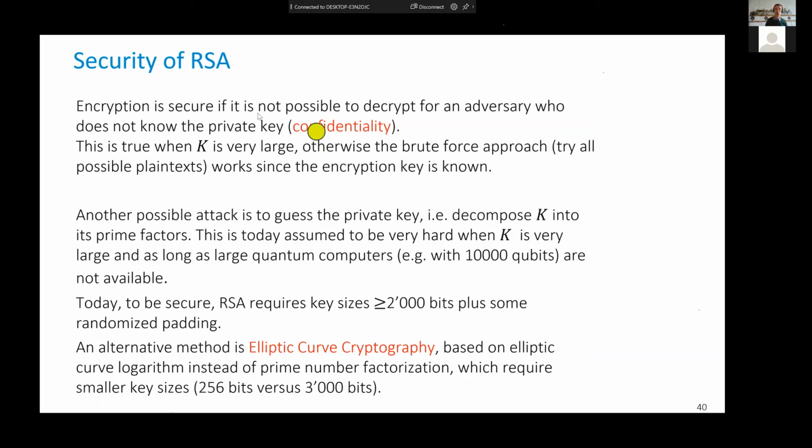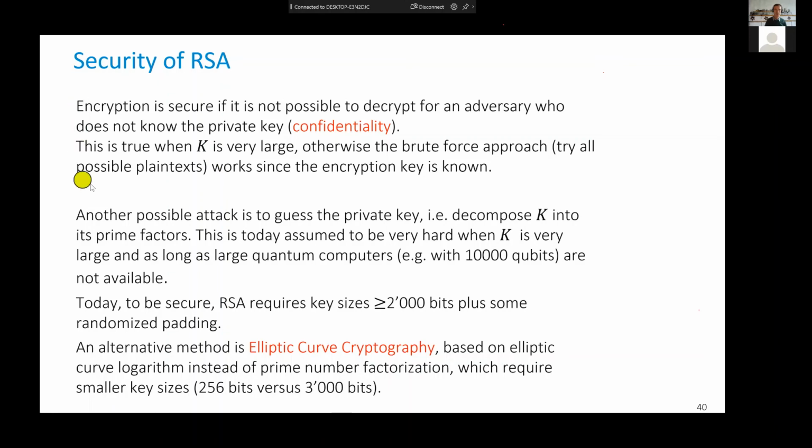RSA has received a lot of mathematical investigation, so it's a well-known system on which we can make mathematical statements. It is secure if, the definition of security, as we have seen for encryption, is confidentiality. And it's true if it's impossible, other than by brute force, to factor a large number.